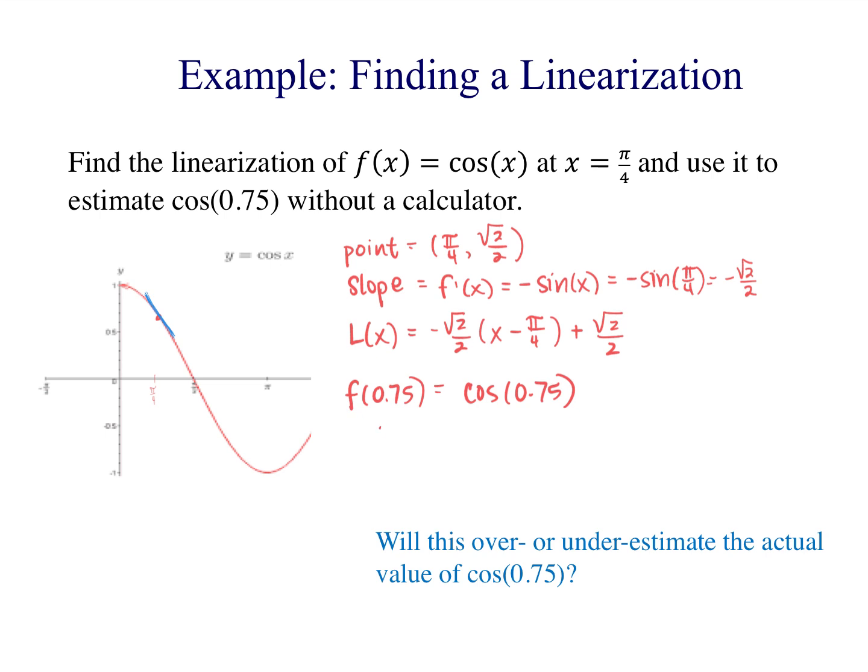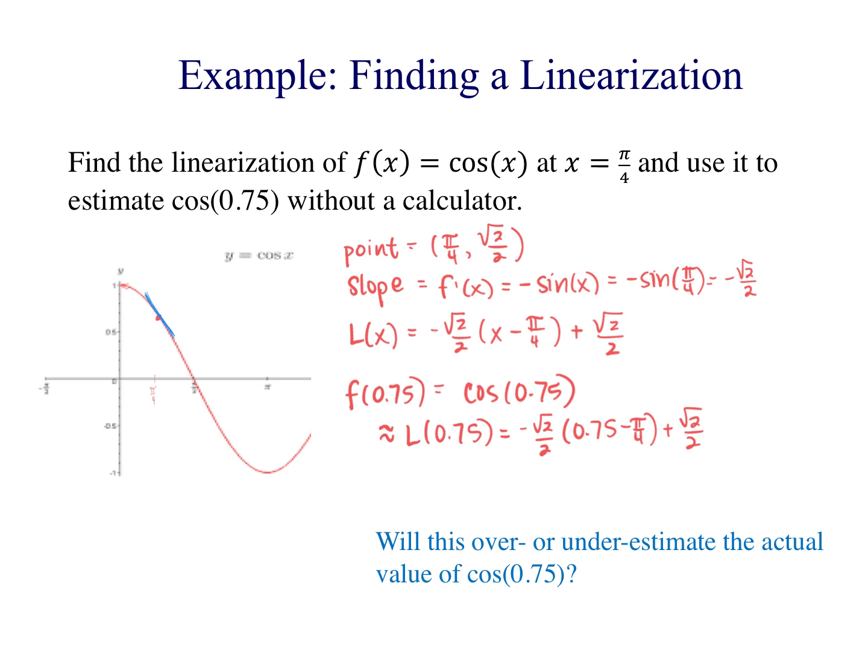So instead I will approximate it, so we use the wavy circles, and we'll find L of 0.75 instead. So we're going to plug 0.75 into our linearization. So negative rad 2 over 2 times 0.75 minus pi fourths, and then plus rad 2 over 2. And that would be a very, very similar approximation to the actual value. They'll be very close to the real thing.